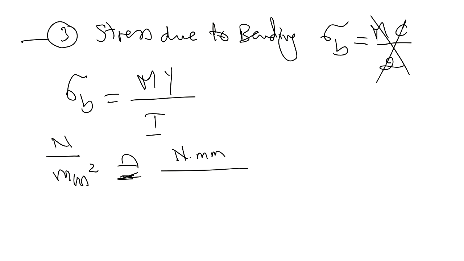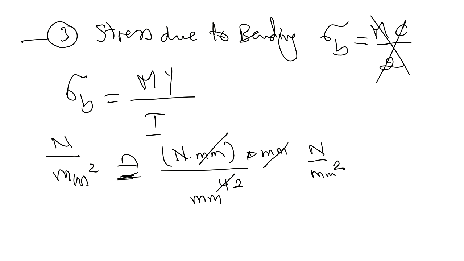M is Newton millimeter. Y is millimeter. And the I is millimeter to the power 4. So now, if we cancel out 2 millimeters with 4, you will end up with power 2, which is Newton per millimeter square. This means that my form is okay.